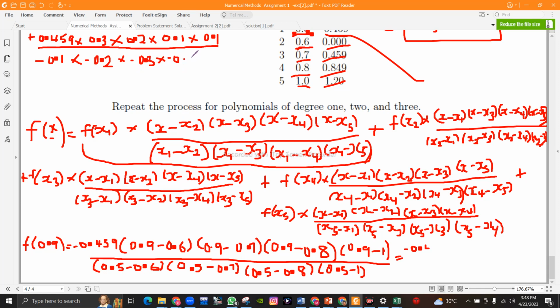So we solve this: 0.2 cancels 0.2, 0.1 cancels 0.1, 0.3 cancels 0.3, and the negatives all turn to plus. Then you have this times 0.1 divided by 0.5, that's 0.459 divided by 5.